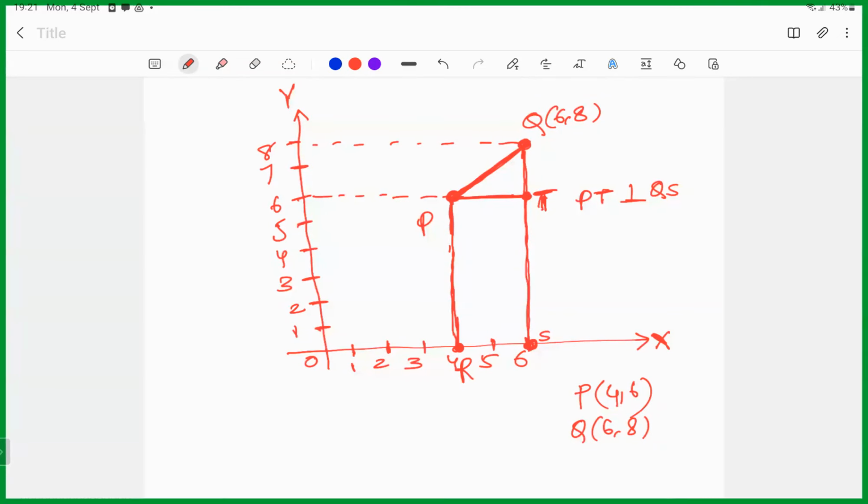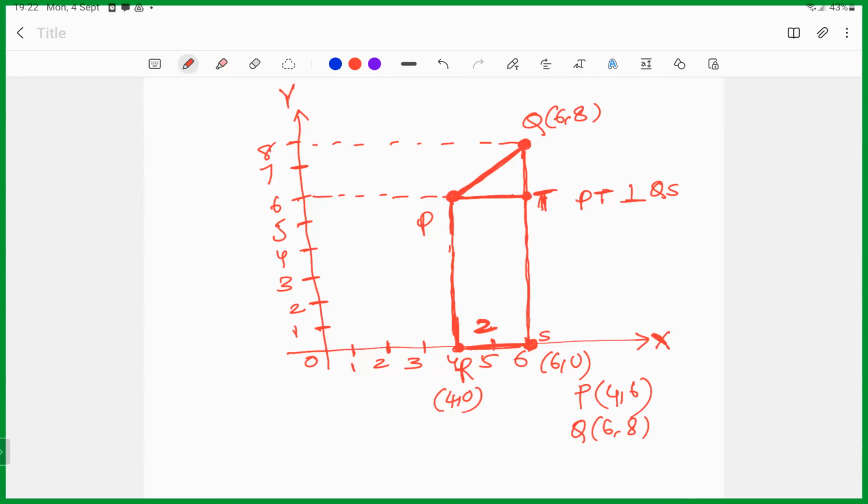Then what are the coordinates of R and S? Coordinates of R are (4, 0), very good. Coordinates of S are (6, 0). And then how many units is RS? RS is 2 units, right? So what about QS?